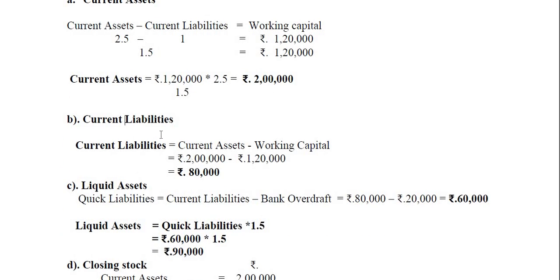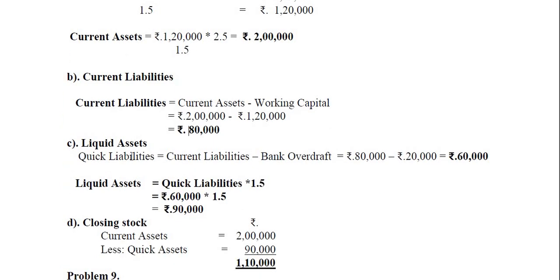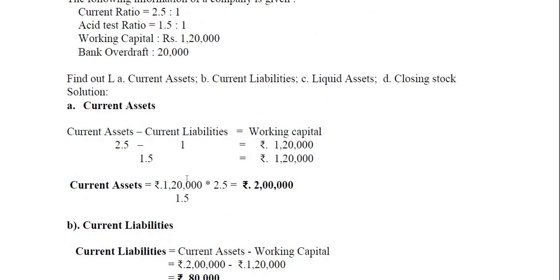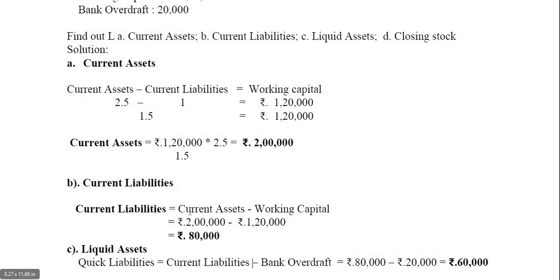What are current liabilities? Current liabilities is equal to current assets minus working capital. Working capital value is given, current asset value you have found out, therefore the difference between the two, that is current liabilities. Then quick liabilities you can calculate.